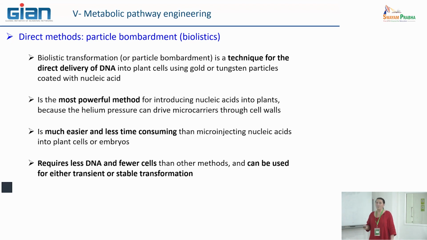It's a very powerful method because you can bombard a very high amount of cells. Lots of them die, obviously, but it is only necessary that some of them stay alive and have internalized some beads with the DNA to have success. So there are not many cases in which there is no success.